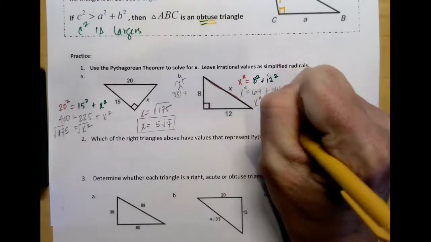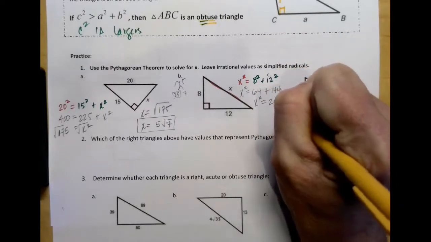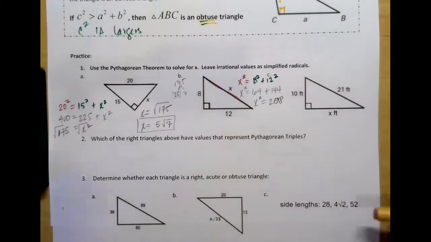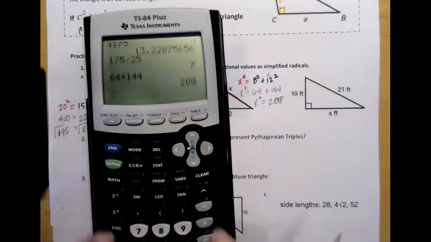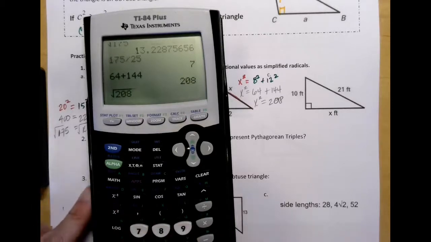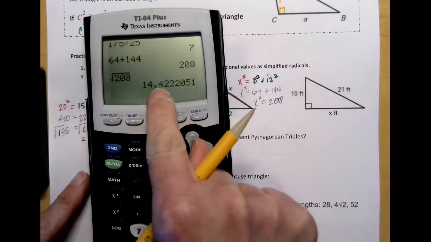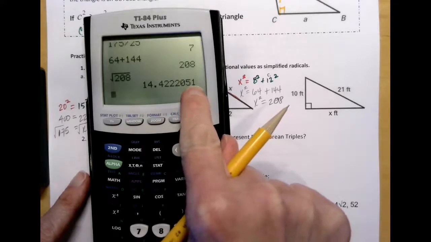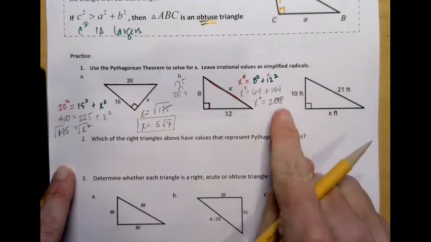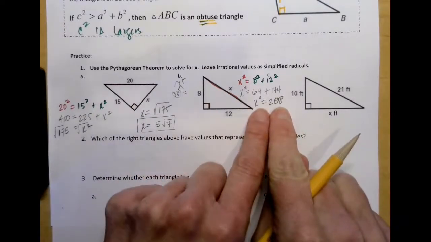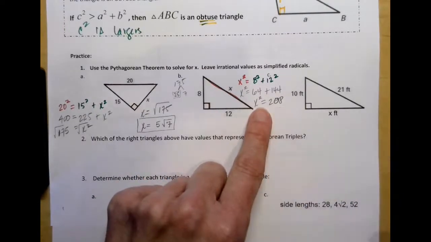So x squared is equal to 208. And I know that's not a perfect square. I can prove that by taking the square root, and again, I get an irrational number, a number that I can only round to estimate, which means I need to figure out how to go ahead and simplify this radical.